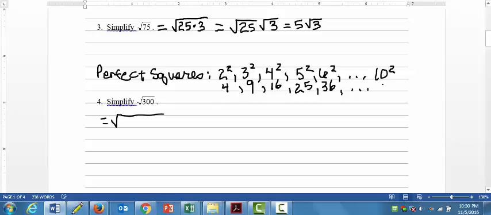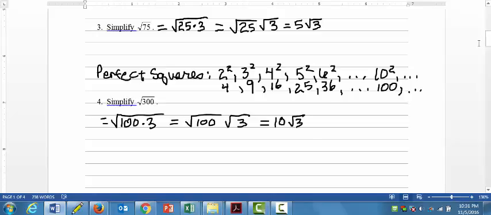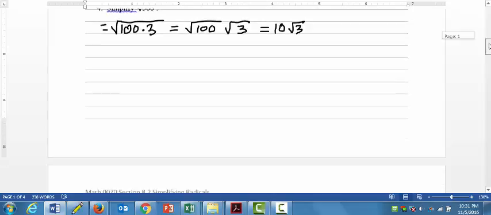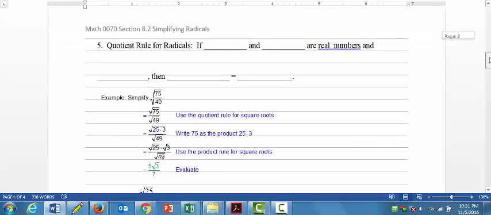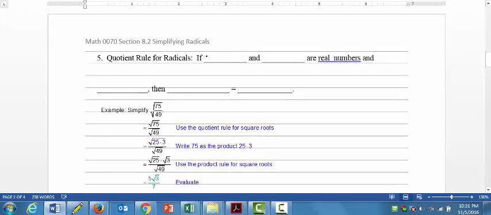Now I notice 4 and 25, as well as 100, are perfect squares that divide evenly into 300. I want the largest perfect square if there's more than one that divides evenly into my radicand. So I rewrite this as the square root of 100 times the square root of 3, which simplifies to 10 square root 3.